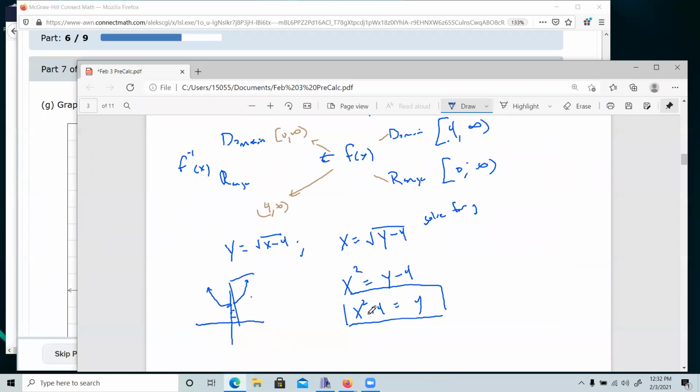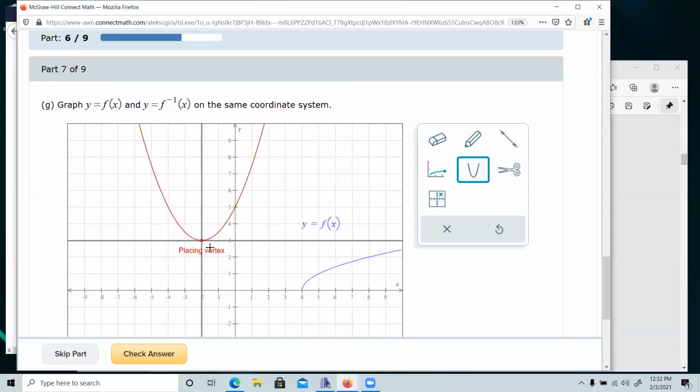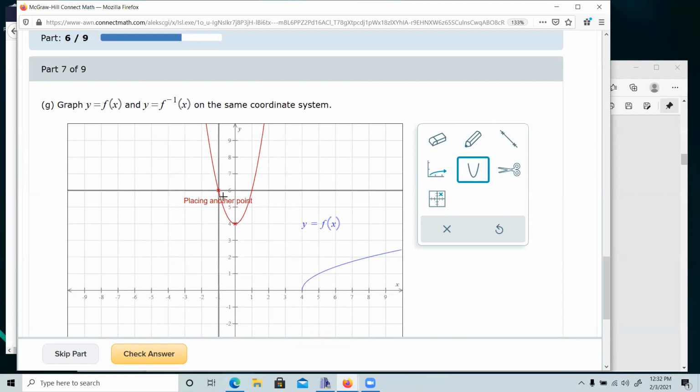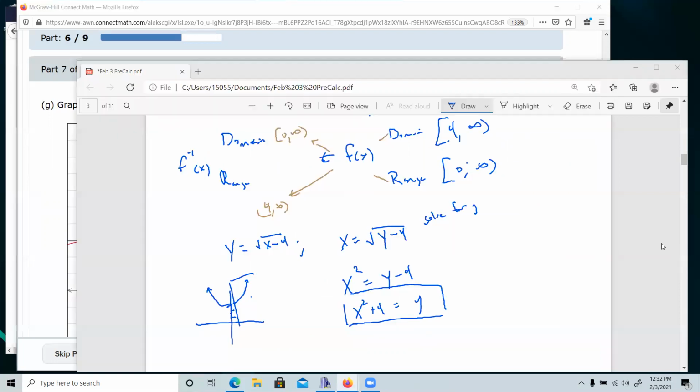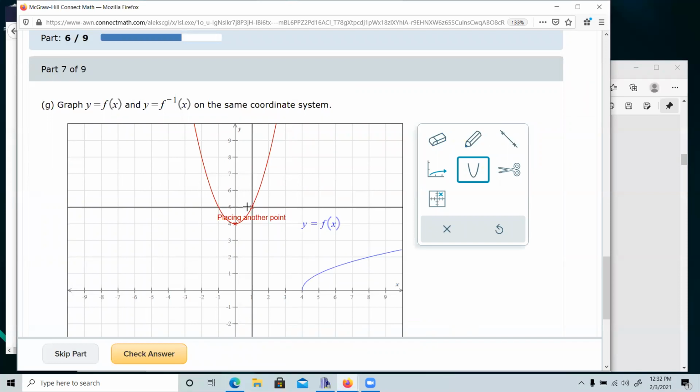Let's see here. We have x squared plus 4 is equal to y. So how is it going to go here? If x is equal to 1, we get y is equal to 5. So that would be x equals 5.